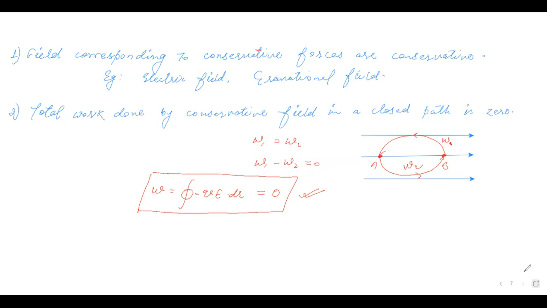In the next point, have you noted it? Okay, good. In the next point, if we integrate with respect to a line, then what will happen? Once again, write down here: line integral of electric field for a closed path is 0.